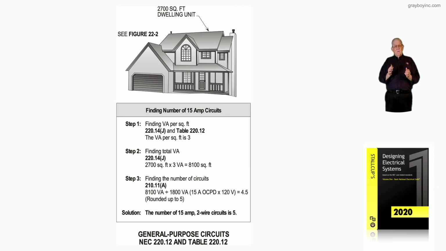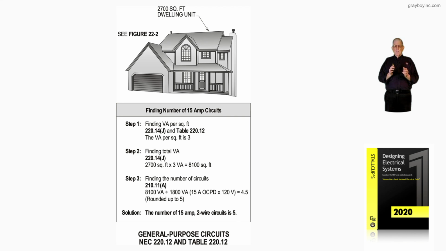A 20 amp overcurrent device times 120 volt supply would be 2,400 VA, and you could put as many as you wanted in that area, see. So sometimes cities say, we don't want to go along with that and find 26, 30 outlets on a 20 amp circuit. We're going to limit you there. And then we'll talk more about the other circuits as we get into these illustrations.